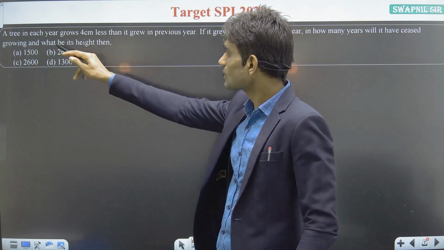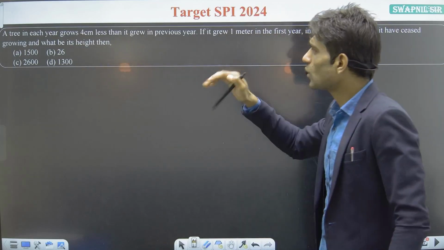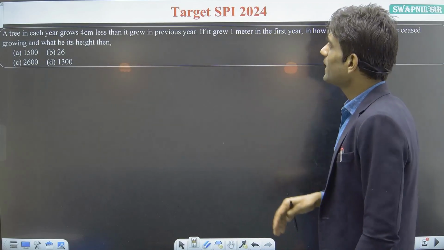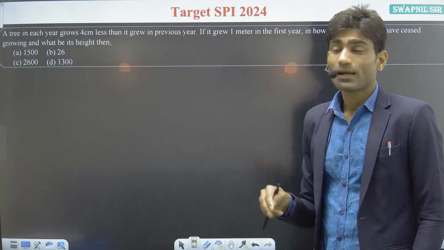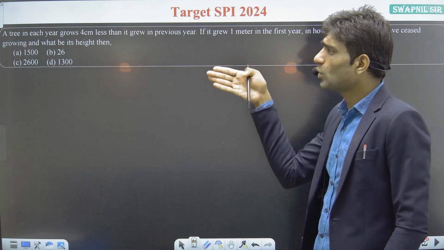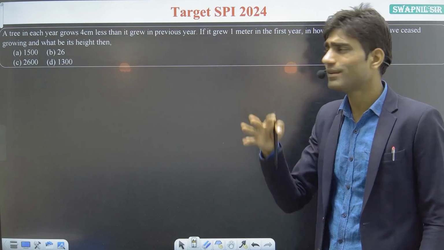A tree in each year grows 4 centimeters less than it grew in the previous year. That means every year it grows 4 centimeters less than the previous year.